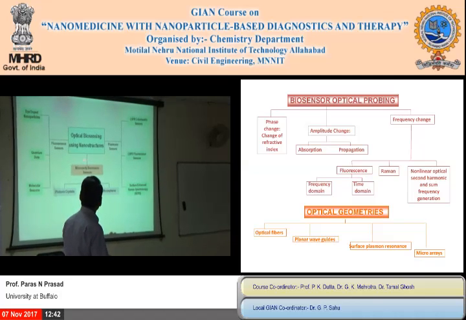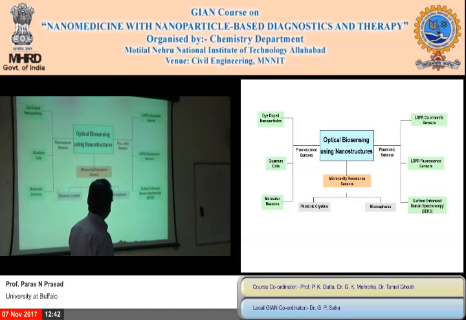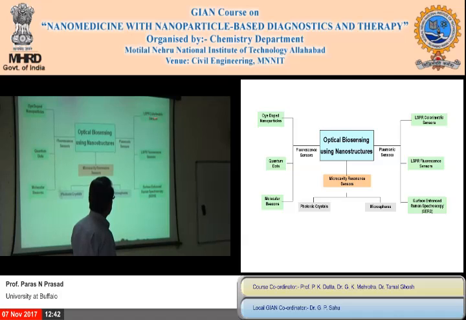We will talk about it. The other one is plasmonic sensors, where you use metallic nanostructures simply by color change. So this is another sensor: fluorescence change or change in Raman scattering.